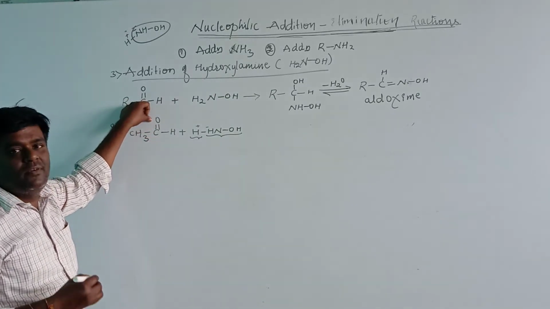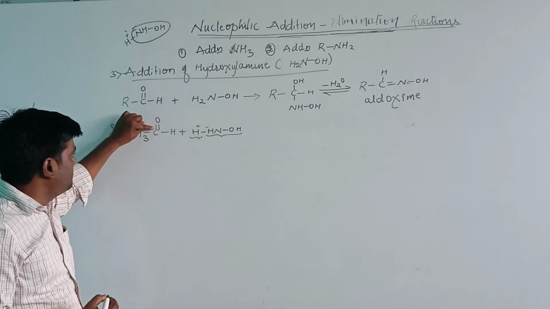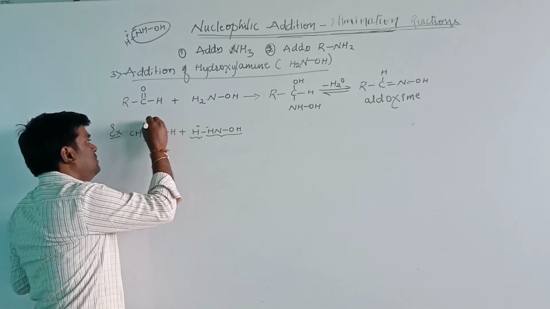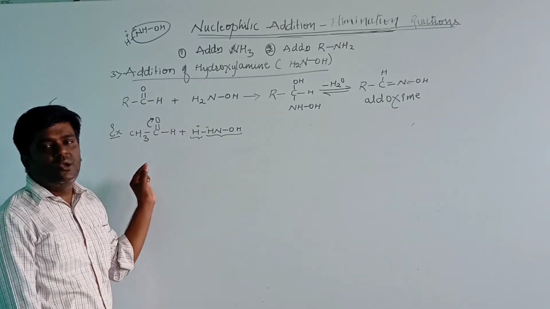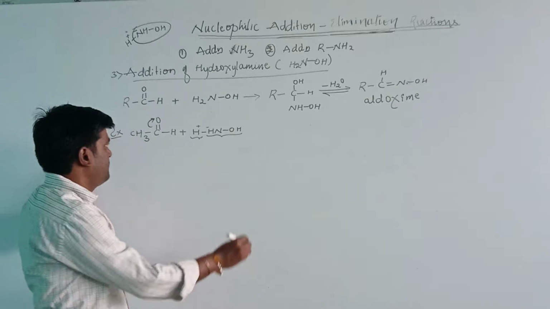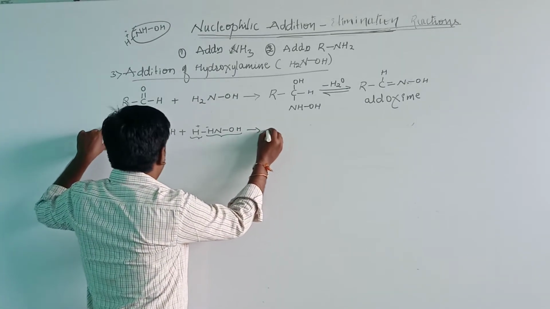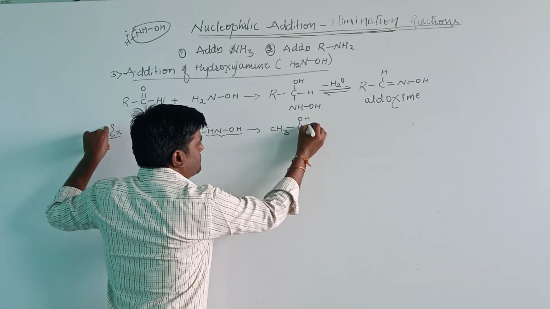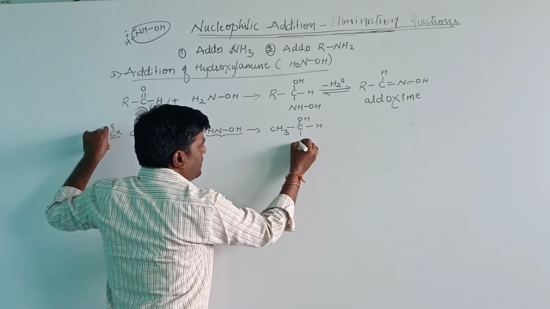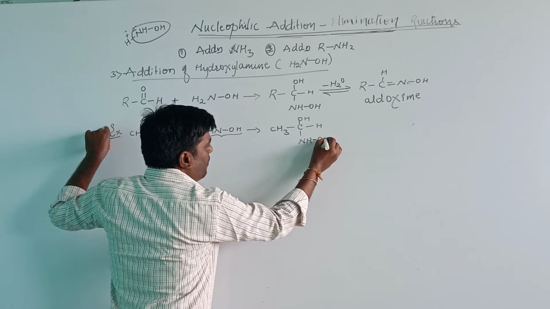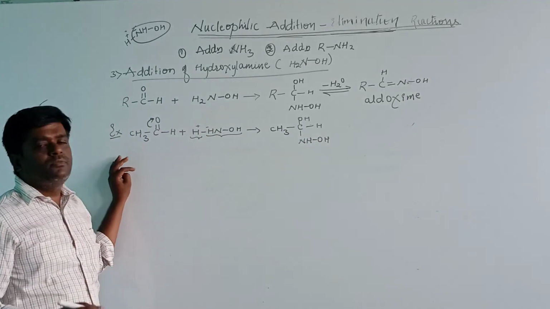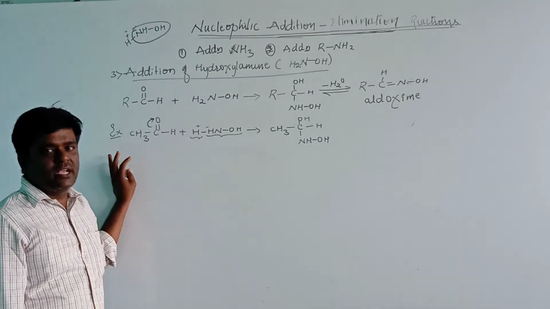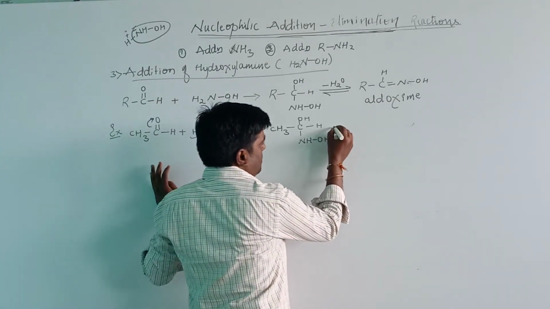Due to the presence of a nucleophile, the displacement of electrons will take place towards the oxygen, and the oxygen will get the negative charge and carbon will get the positive charge, and it will give the addition product, that is CH3, C, OH, here H, and NH2OH.